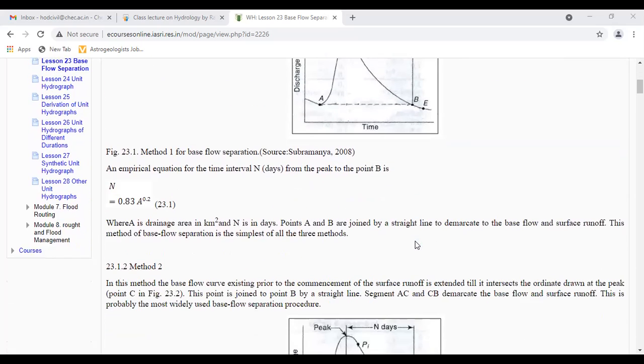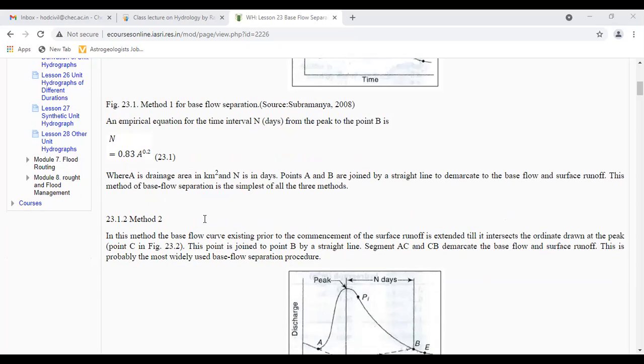For method 1 of base flow separation, an empirical equation for the time interval N days from the peak to the point B is N equals 0.83 A to the power of 0.2, where A is the drainage area in square kilometers and N is in days.